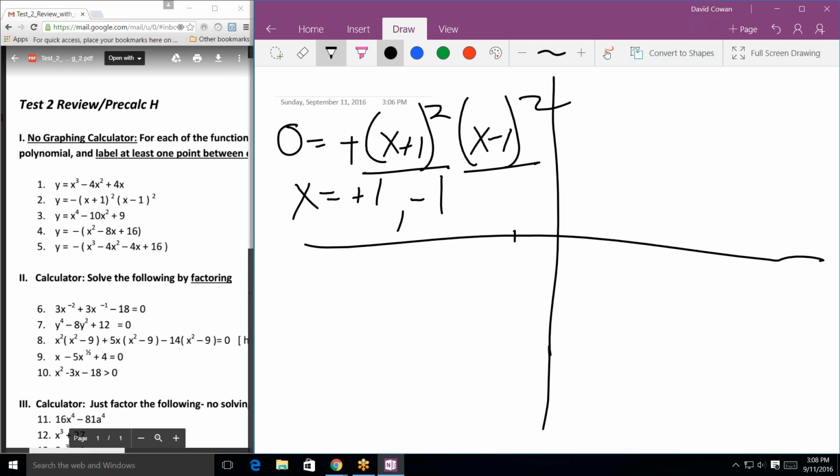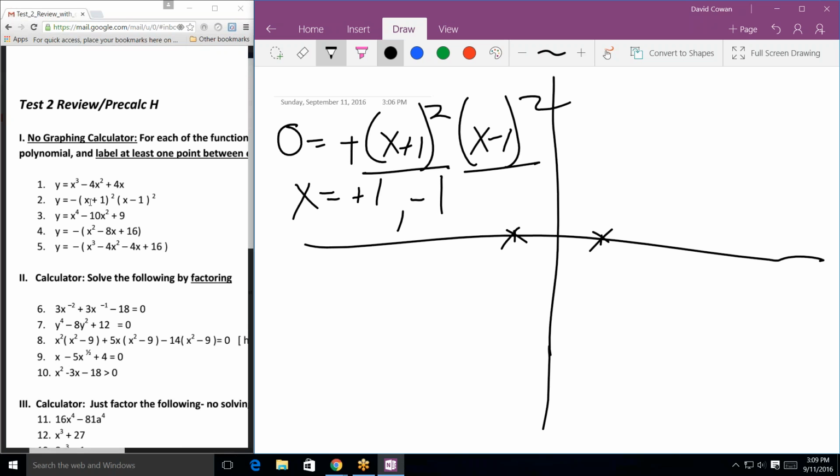Alright, so immediately I know I have some x-intercepts right there and right there. Now, is this a quadratic, is it a cubic, or is it a quartic? I have no idea. It's a quartic.